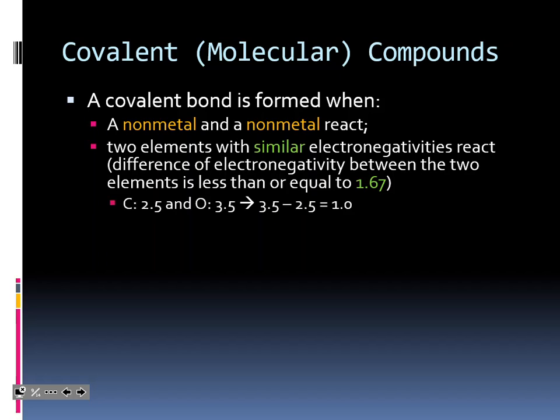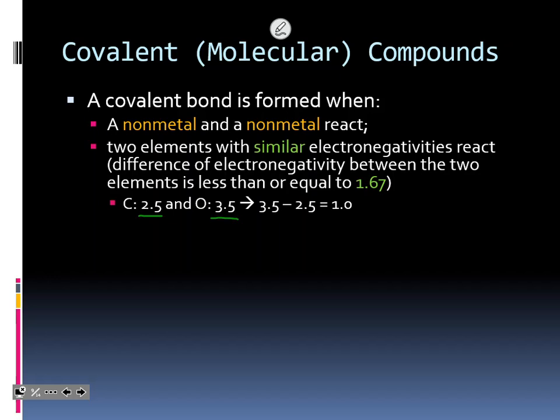And if we're looking at an example here with carbon and oxygen, carbon is 2.5, oxygen is 3.5 from their electronegativity values. Remember, electronegativity was one of those periodic trends where the atom has the ability to attract electrons in a chemical compound.